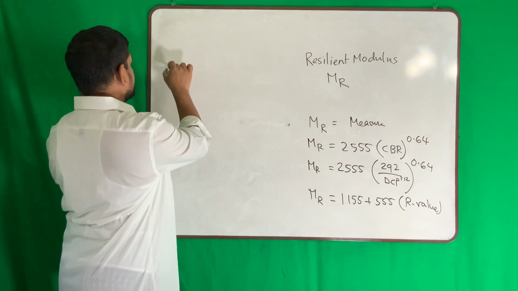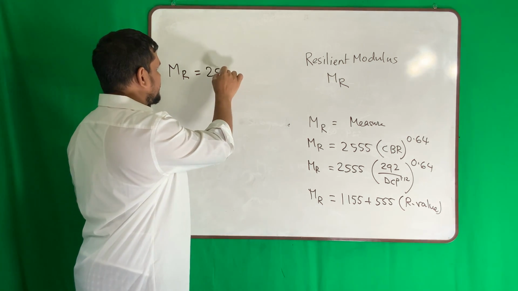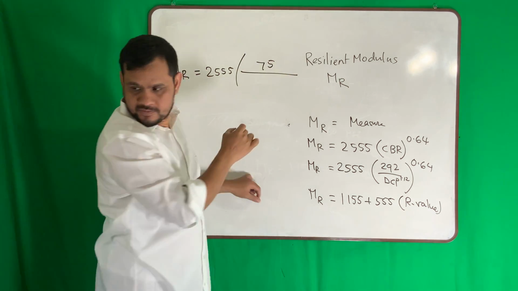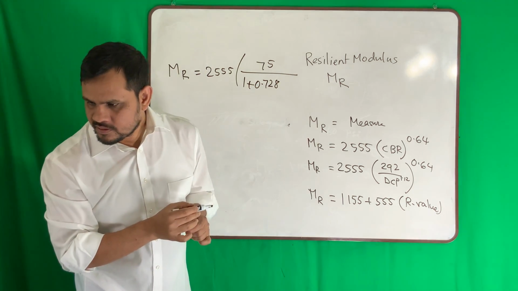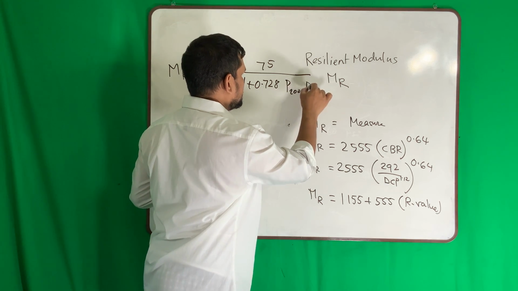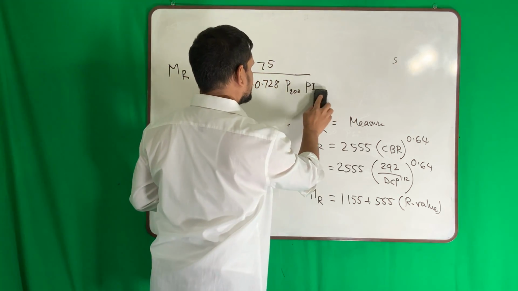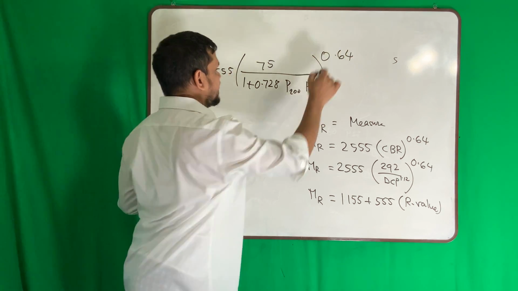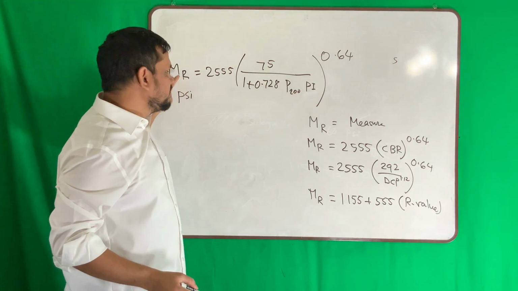It is resilient modulus equals 25575 times (1 plus 0.728 times P200 times PI) to the power 0.64. So what is this here? This will be in PSI. Our resilient modulus will be in PSI.